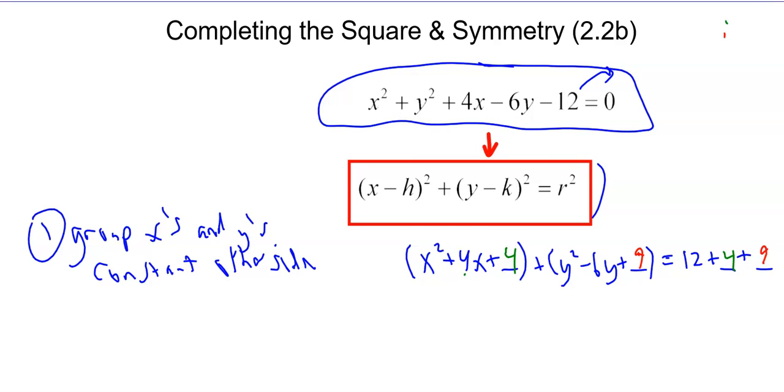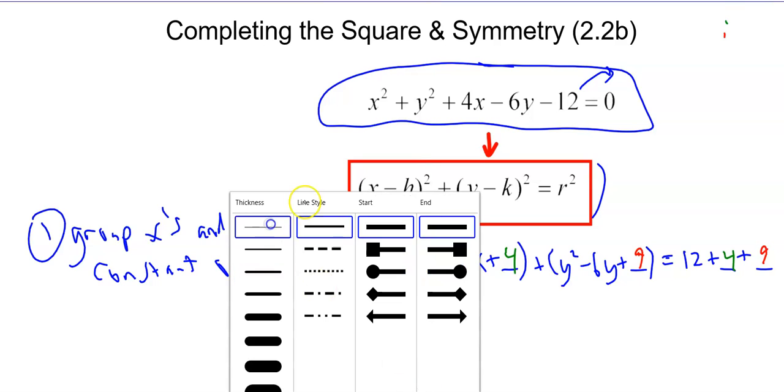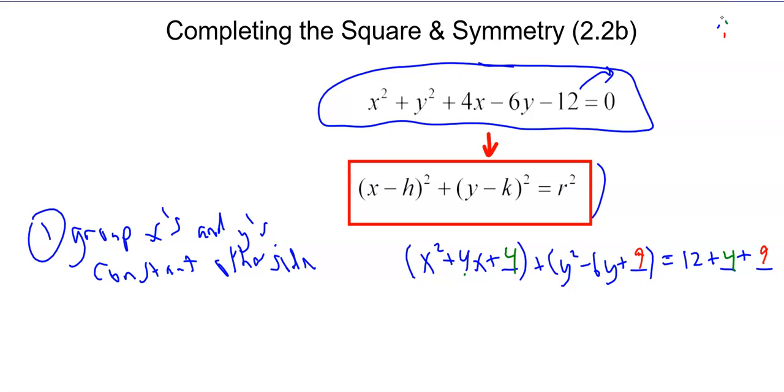So I've basically completed the square on both sides. The second step I didn't write is to add half the middle term squared to both sides.